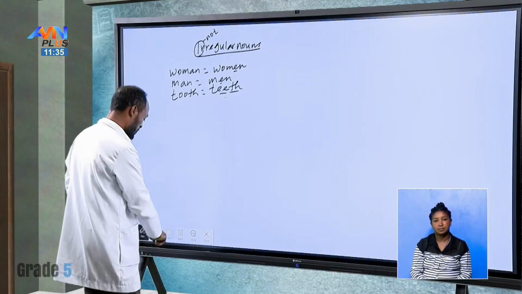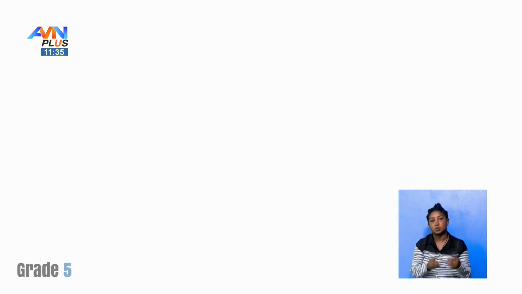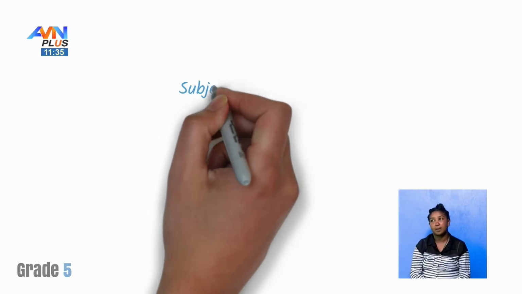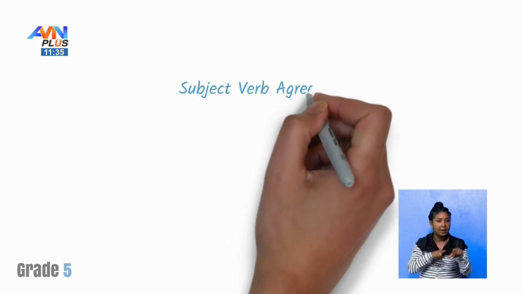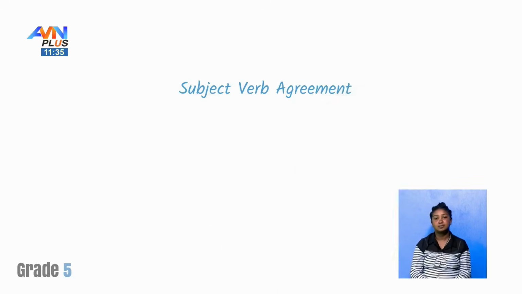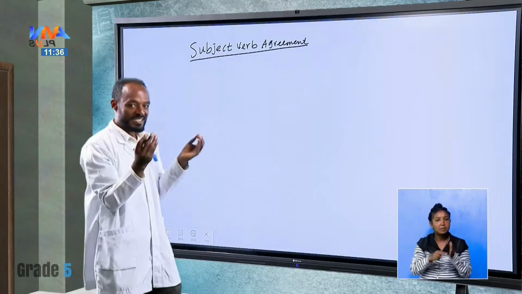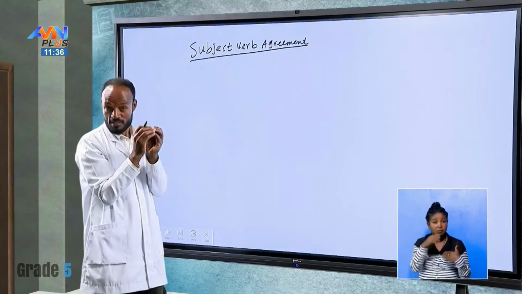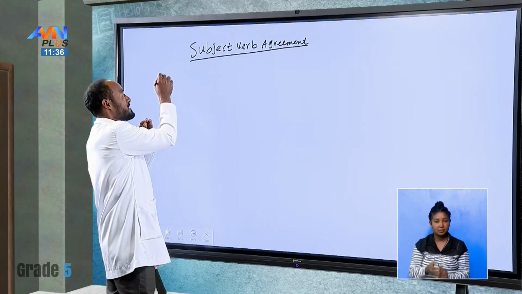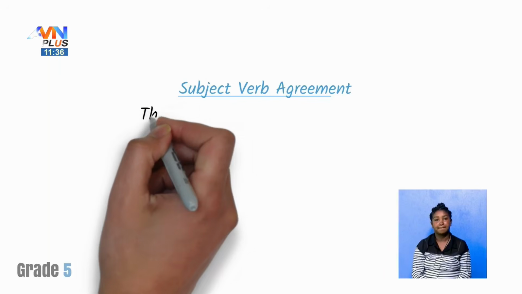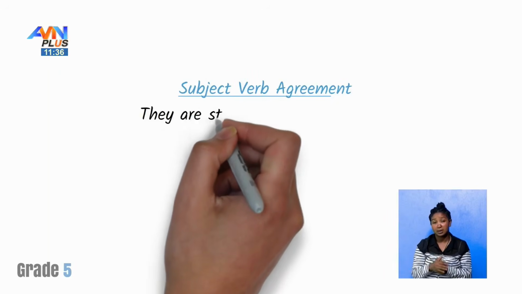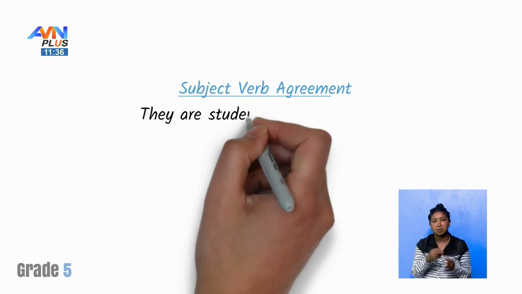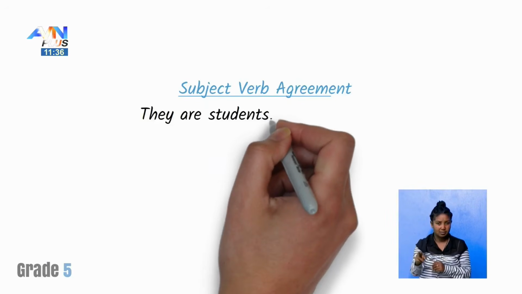Good. Let's come to the next point, subject-verb agreement. When we say subject-verb agreement, we mean that the subject and the verb should go together. For example, when we say they, this one is plural. They are students.